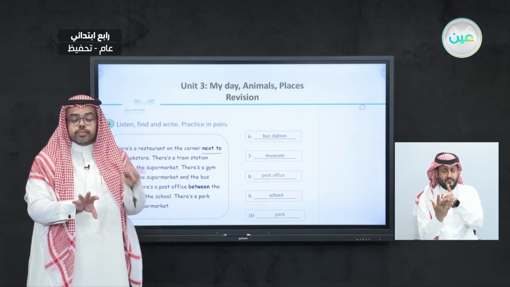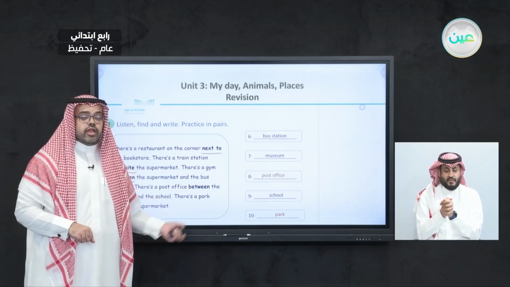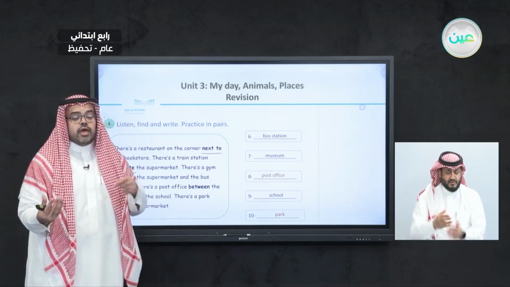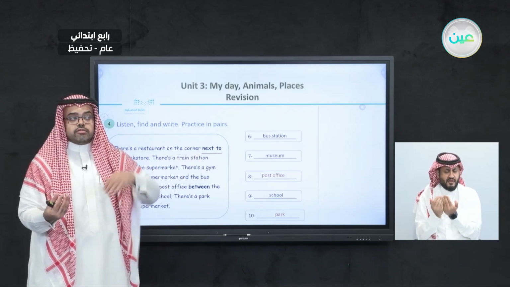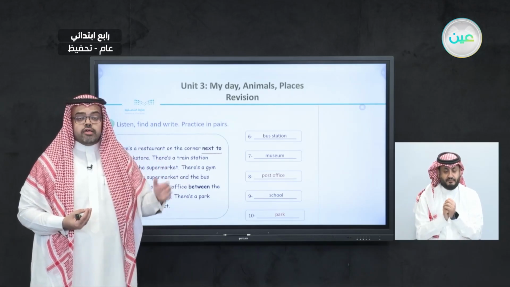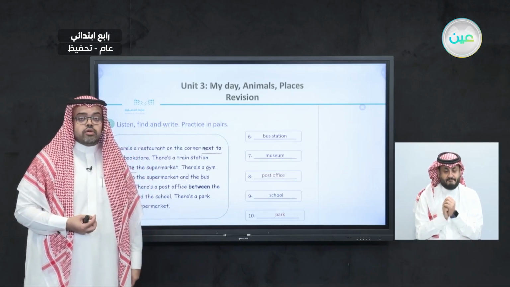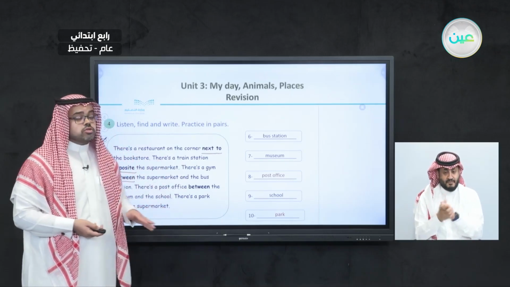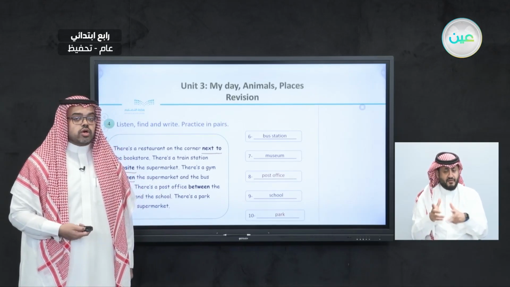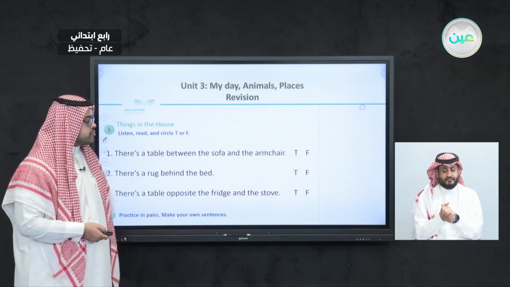And the last one is near: here we have a place, and near to this place, not far, is the other place. So these are very important prepositions that we use when we want to talk about places.